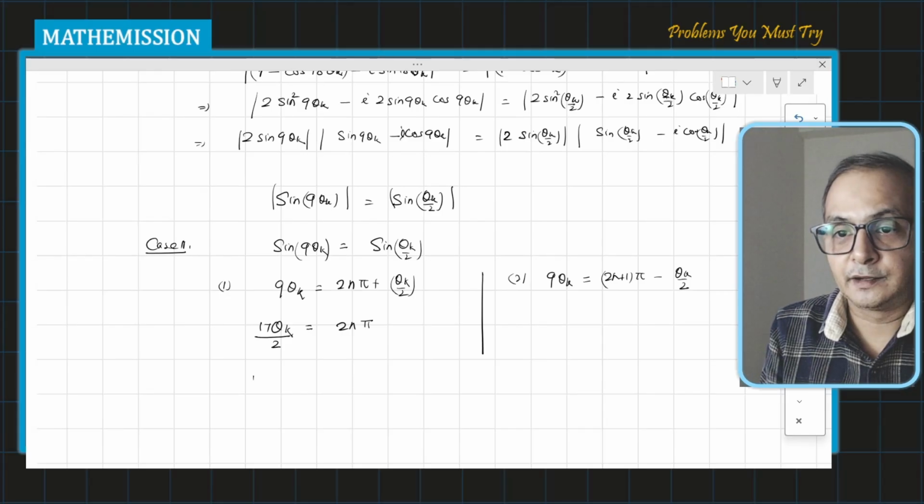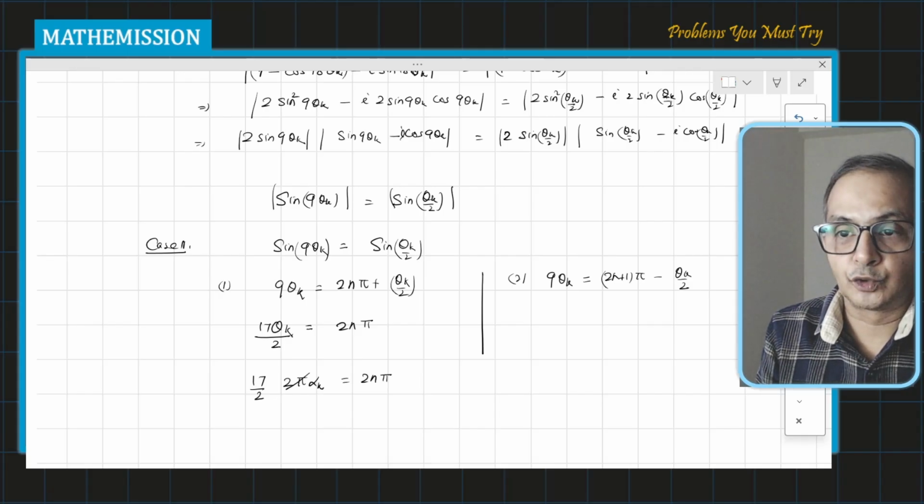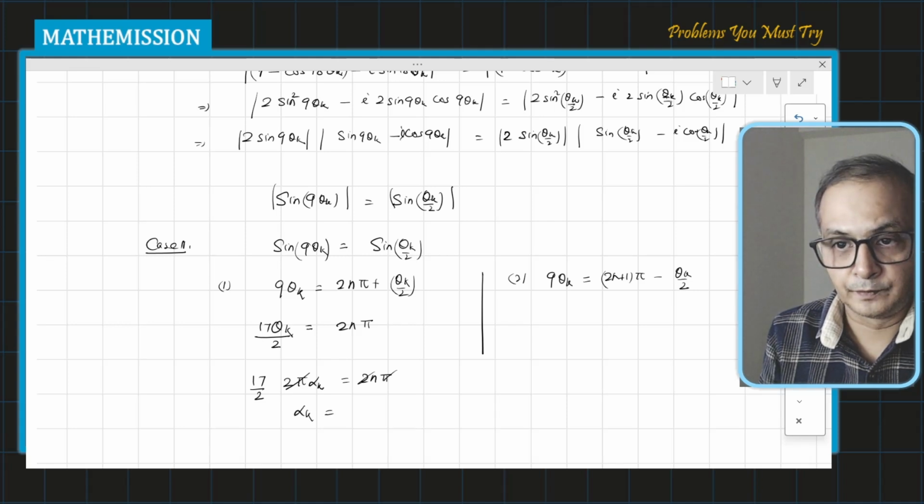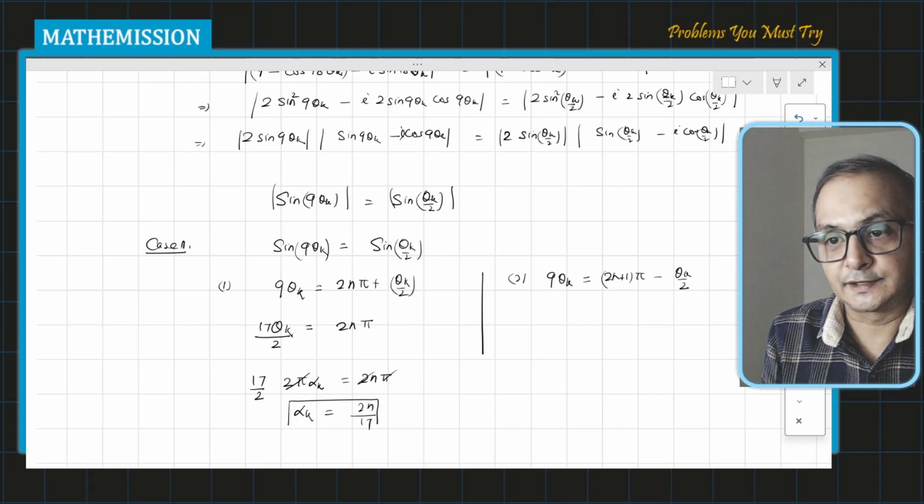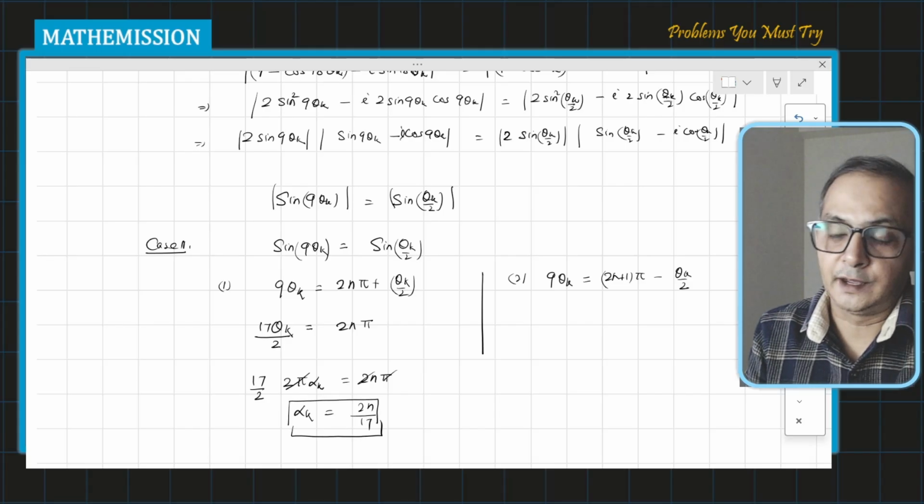So what I'm getting here is 17 by 2 and 2 pi alpha k, and that is 2n pi. So this 2 pi and 2 pi get cancelled, so we get alpha k is equal to 2n by 17. We just leave it like this and see what will happen.